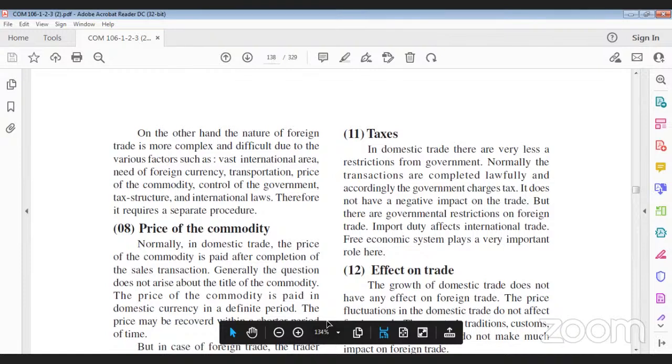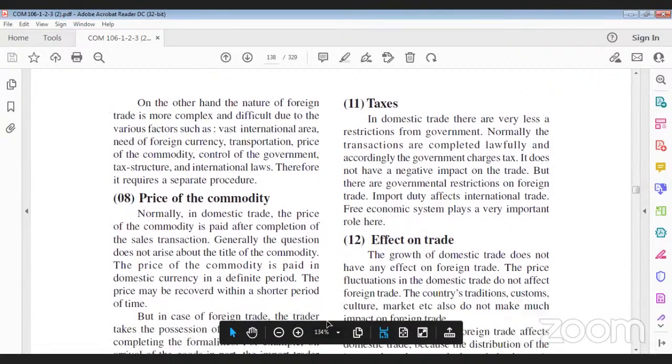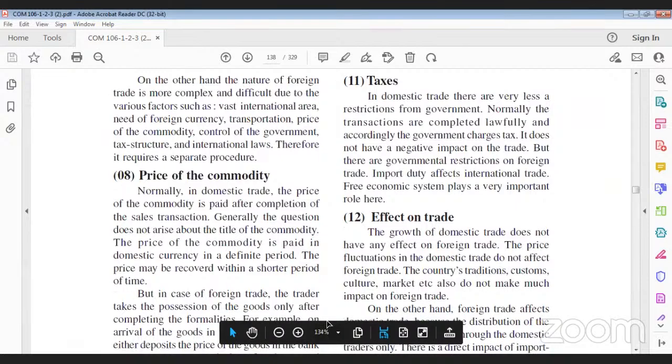Normally, in domestic trade, the price of the commodity is paid after completion of the sales transaction. Generally, the question does not arise about the title of the commodity, and the price is paid in the domestic currency only.